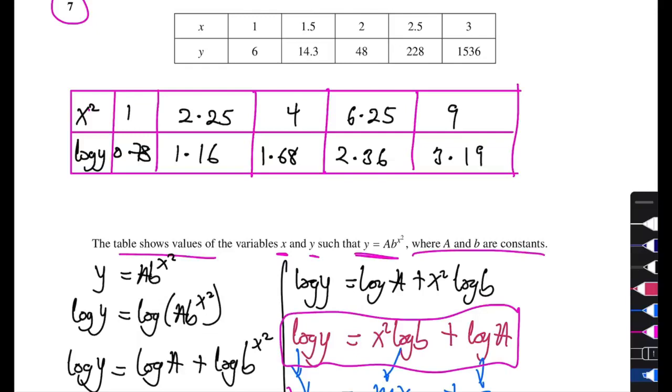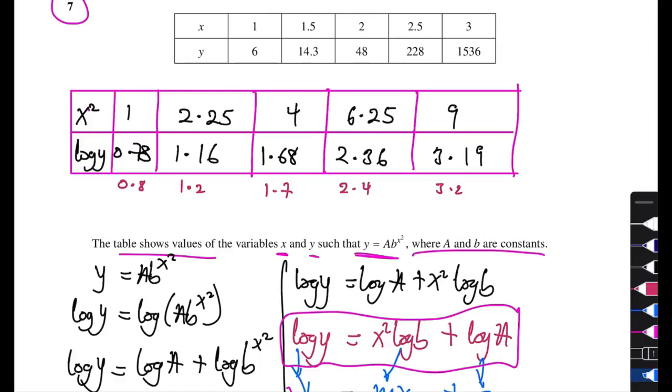Okay, basically what I'm going to use to sketch will be 0.8, 1.1, 1.2, okay, 1.7, 2.4, and then 3.2. All right, I'm going to use 2 decimal places to sketch, okay?